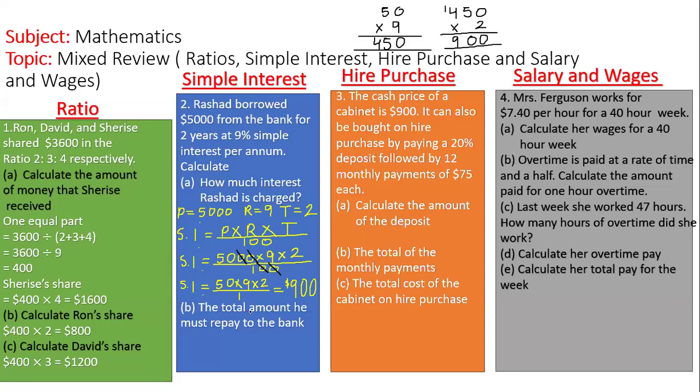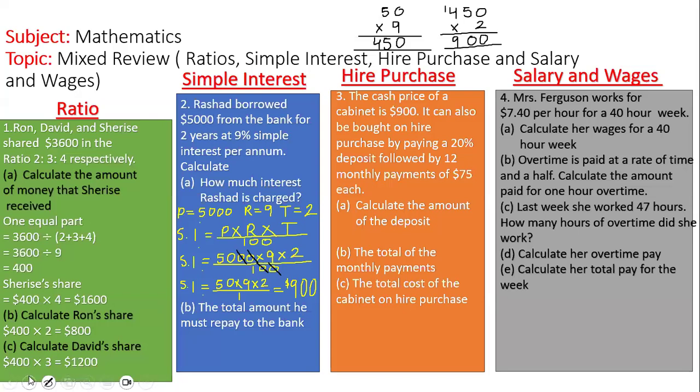All right. Now it says the total amount he must repay the bank. What is the total amount that he must repay the bank? The principal plus interest. So he must repay the bank the principal plus the interest. So what is that going to be? 5,000 plus 900.